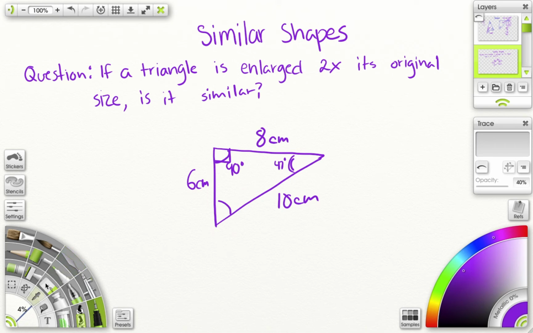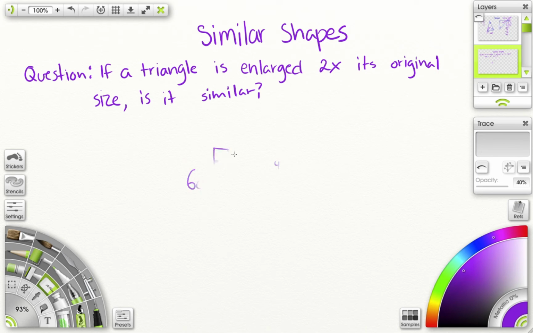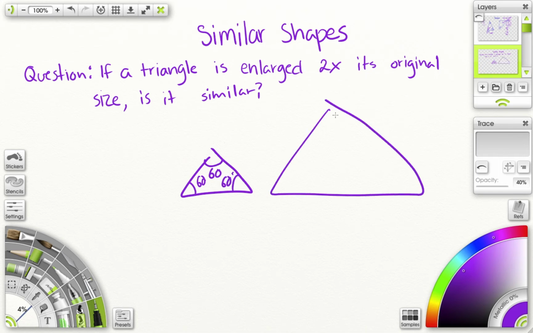What if we are given a triangle that doesn't have angles in it though? I can clearly tell a triangle is similar if I'm given the angles. Because if I have a triangle, let's say it's an equilateral triangle and they're all 60 degrees, and then I have a bigger triangle and these are also all 60 degrees.